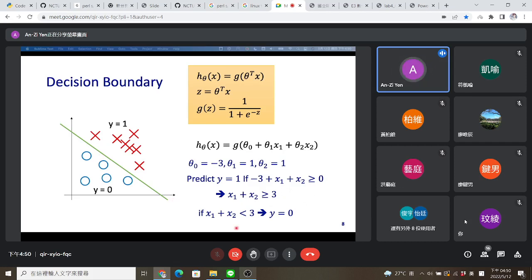So you can say that everything to the upper right portion of this line, these points are regarded as being predicted as y equals 1, and in these regions we call this the y equals 0 region.